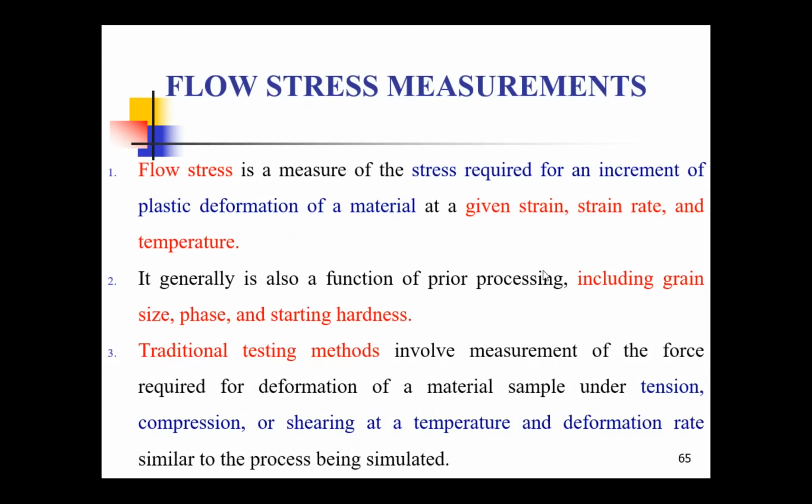If I want to define a new material in the software package, then I should know the flow stress measurement. For example, I have developed a composite material, for example, an aluminum metal matrix composite. Now I want to do turning simulation studies. So how to define this new material into this package?